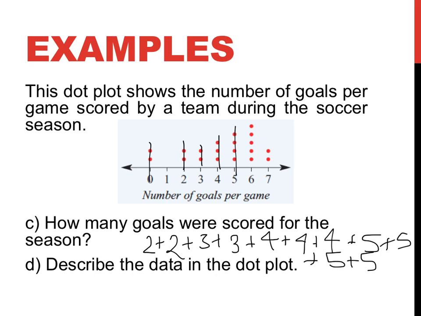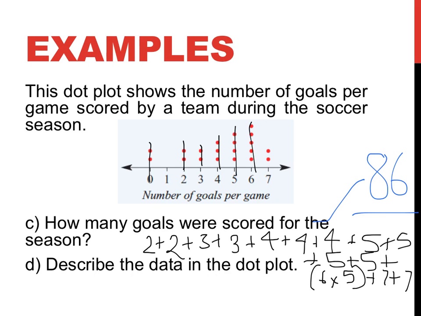They scored 6 five times. I might just go plus brackets 6 times 5 because I can't be bothered. And they scored 7 twice. So a grand total, if I add all of those dots together, I will get 86 goals altogether.